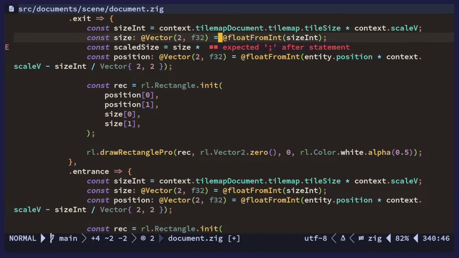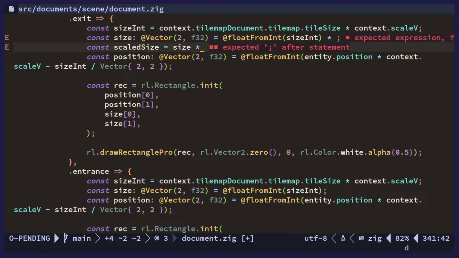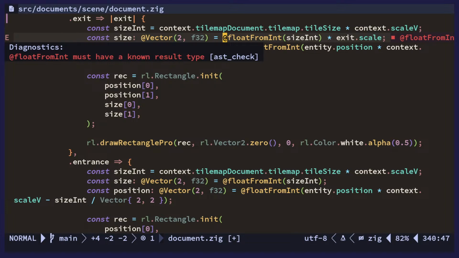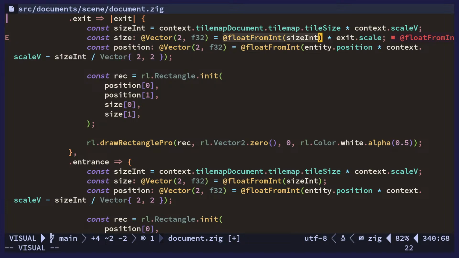because otherwise if I put a thing here, it's going to complain. Okay, I'll just show you here. If I say times scale, then it's going to complain because it doesn't know what the resulting type is here.